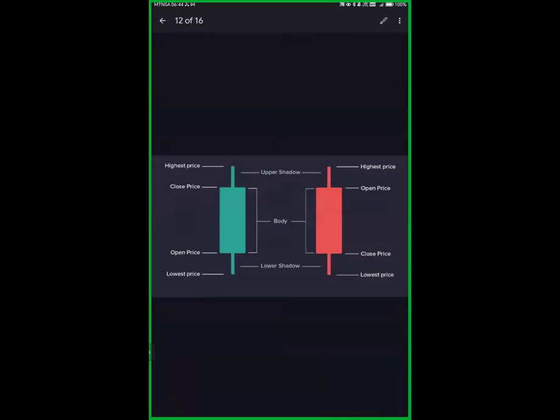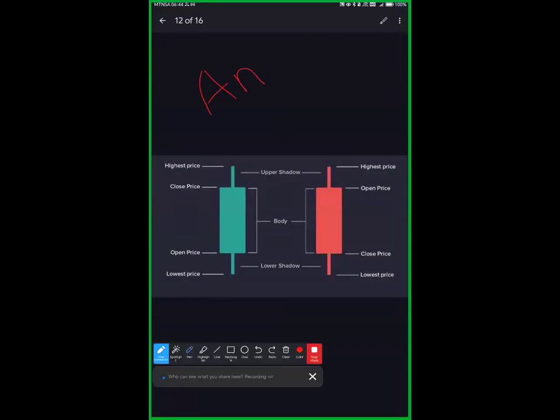So today we are going to start looking at what we call candlestick anatomy. What is candlestick anatomy? It is the study of a candlestick.